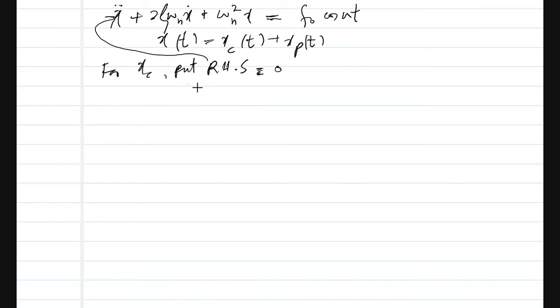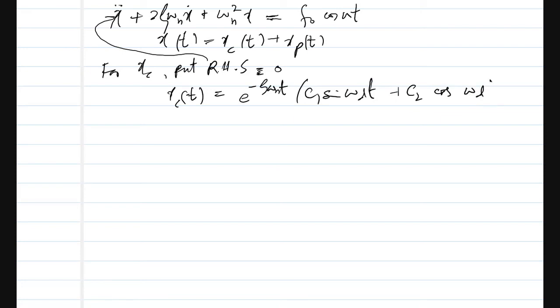So we actually know what x c of t is, which is the solution of free vibrations. It is e to the power minus zeta omega n t times c1 sin of omega d t plus c2 cos of omega d t. We have done this before. This is the solution of free vibration.